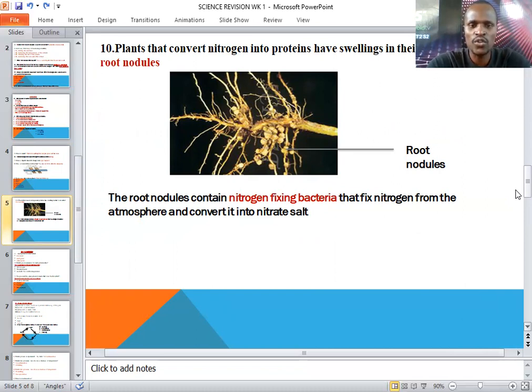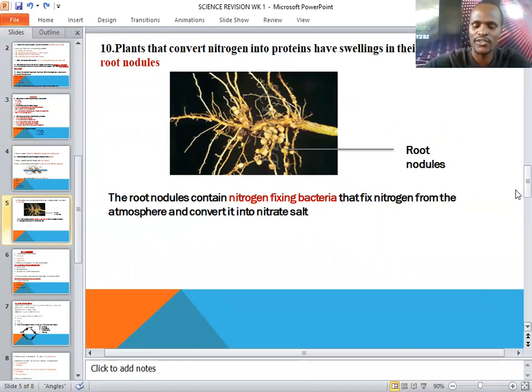Now, in those swellings, the root nodules, we have some bacteria, and this bacteria are able to fix nitrogen from the atmosphere. So we call them nitrogen fixing bacteria. So in the root nodules, we have nitrogen fixing bacteria that are able to fix the nitrogen from the atmosphere into the roots.